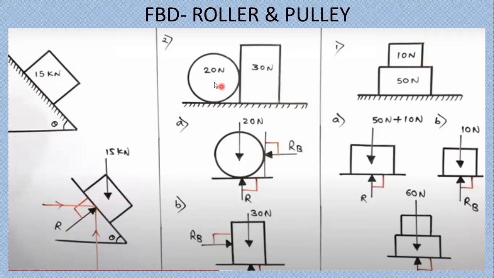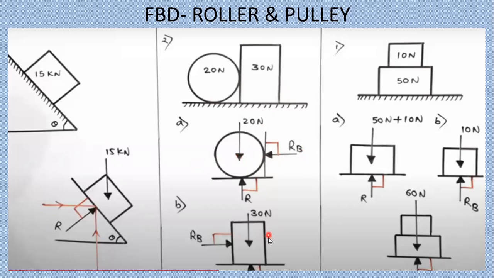Now in the next FBD also, for the 20 Newton and 30 Newton objects, one is circular, one is rectangular. For the 20 Newton object, the 20 Newton force is acting downward and the reaction is acting upward. And here the reaction exerted by the 30 Newton rectangular object is acting in the left direction. This 30 Newton object is pushing this object in the left direction. So we have shown RB here in the left direction.